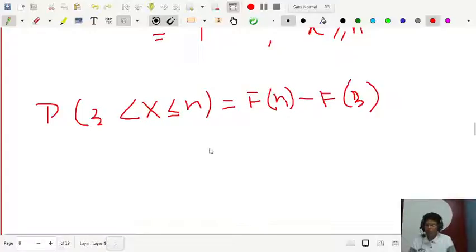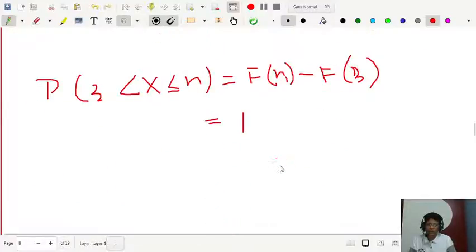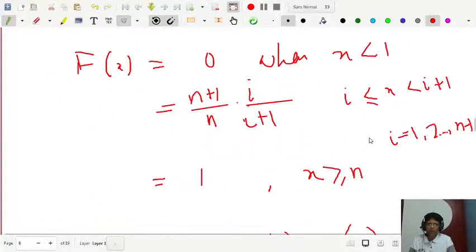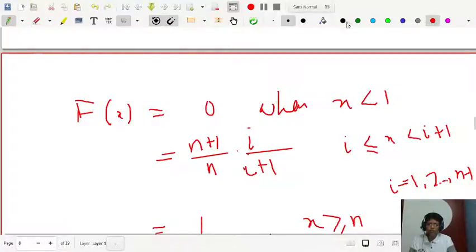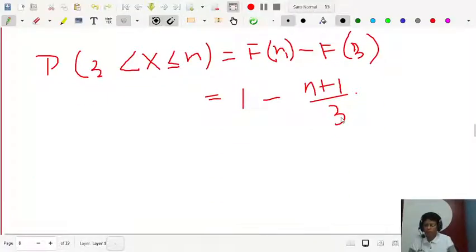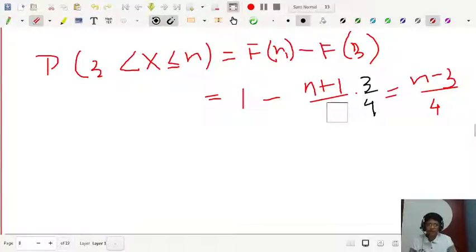F(n) is 1, from the definition of the distribution function, and F(3) is given by n plus 1 by n into, what is your F(3)? You use this range, this value i by i plus 1, so 3 by 3 plus 1, that is 3 by 4. So that is equal to, if you calculate, n minus 3 by 4n.